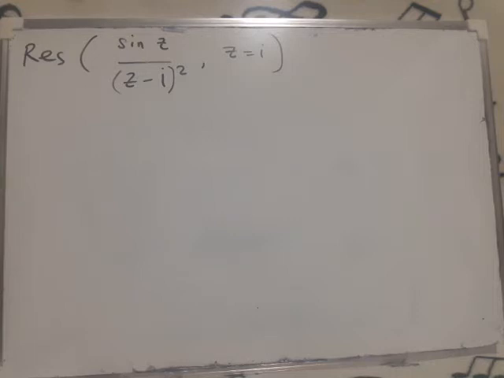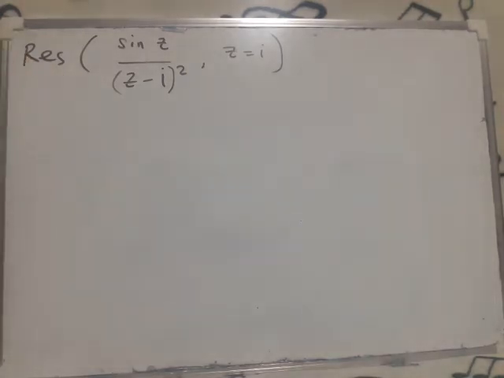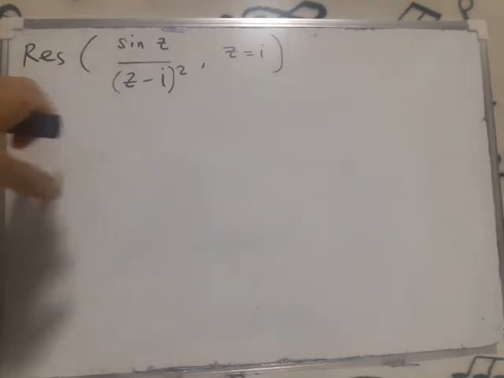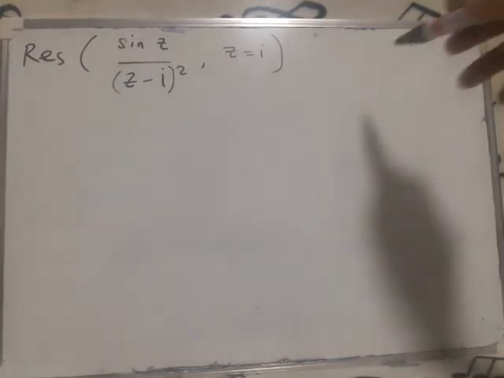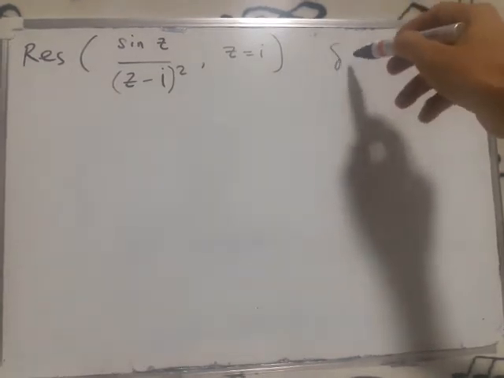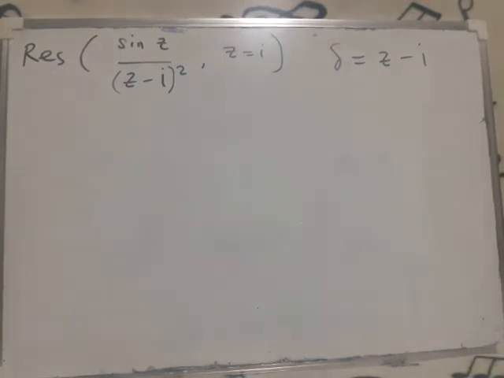So when you use the Laurent series method, what I suggest, basically we're going to expand this function about z0, which in this case is i. To save writing, I would suggest introducing a symbol delta to mean z minus i, and then that saves a lot of writing. So basically we want a series in delta, and we want the coefficient of 1 over delta.